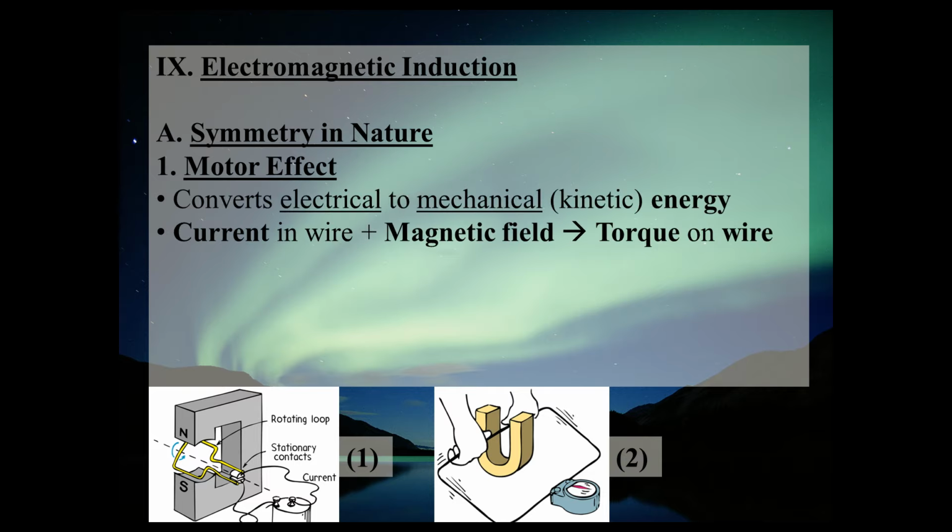If you look at this diagram at the bottom, the armature would be this yellow rotating loop. We put current through it and put it in a magnetic field, and I believe the magnetic field is produced by the stator. So, current in an armature through a stator, which would be these jumbo bar magnets.